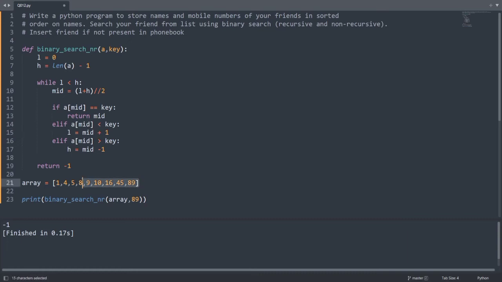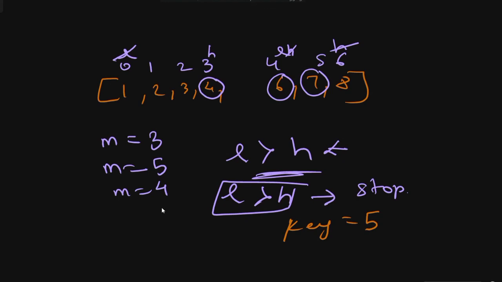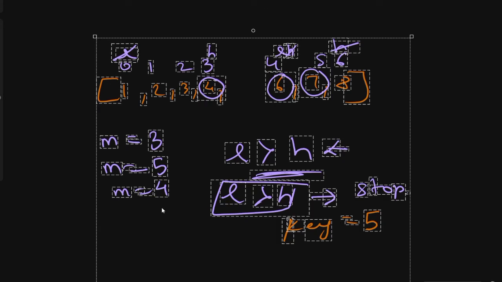Let's use a dry run and check why this isn't working. Mid is calculated. Everything looks fine. Let's go back and recalculate this.